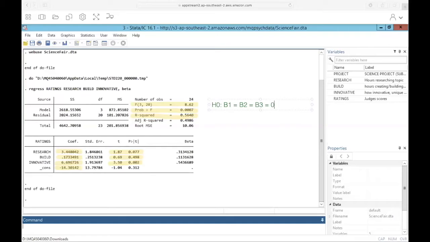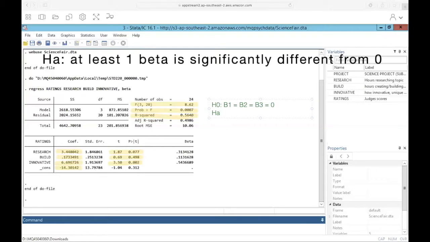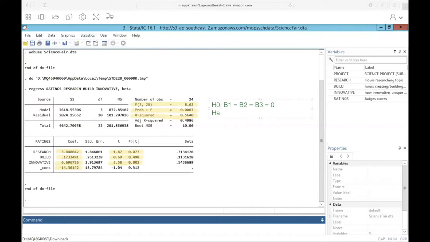And then conversely, our alternate hypothesis simply states that all of our betas are significantly different from 0. They could be either positive or negative, but they are significantly different from 0. So beta 1 doesn't equal beta 2, which doesn't equal beta 3, which doesn't equal 0.